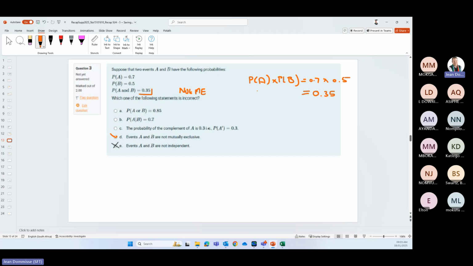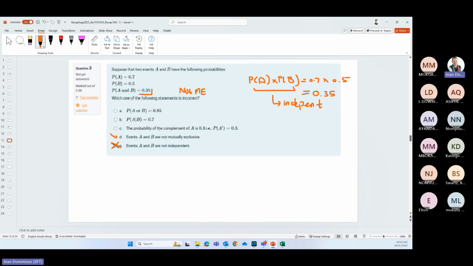So we know that these two are independent. So let's look at the answer set around independent. Events A and B are not independent. So that's the incorrect one. It is independent. Okay, so again, in the exam, if you do it this way around, you can save time.